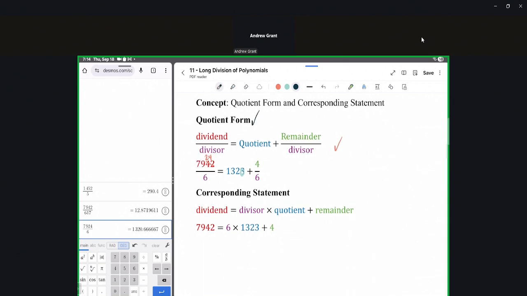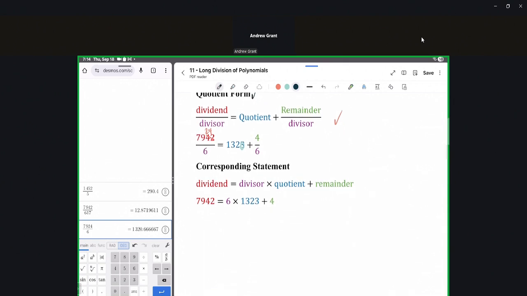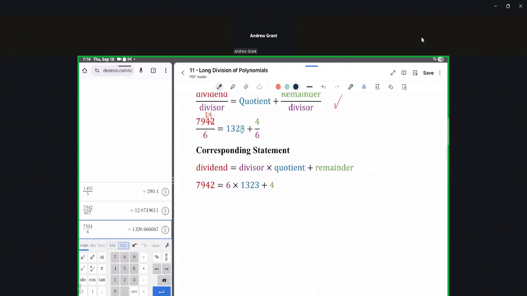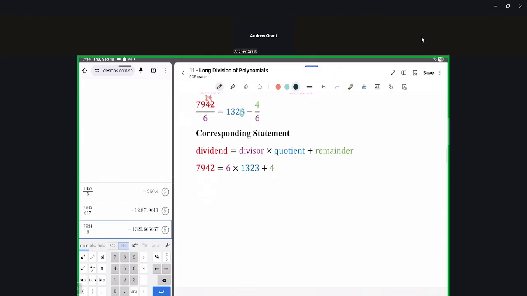The one that ends up being actually quite useful is what we call the corresponding statement. And again, unfortunately, I'm going to try to color code this as best I can. If you want to check to make sure this works, you could just type this in. So you would just take your divisor times the quotient and then add on the remainder.